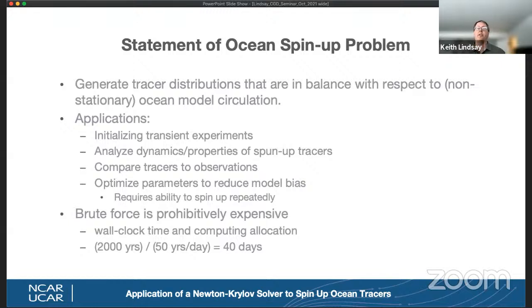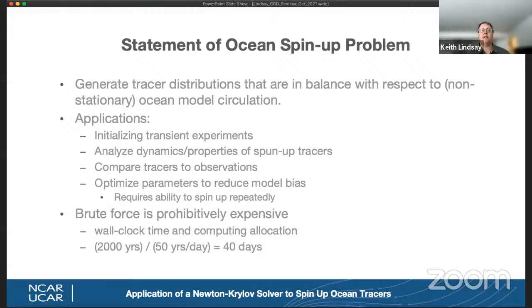If you want to compare your tracers to observations, you want to be doing that without having drift present. And on a deeper level, if you want to then optimize some parameters in your model to reduce bias compared to those observations, you need to be able to spin up repeatedly.